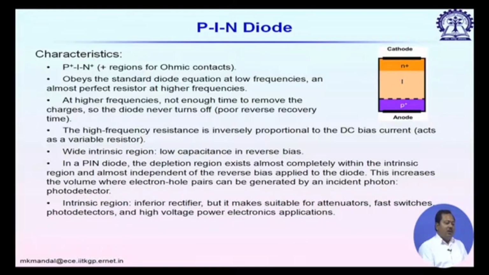So, at very high frequency we can use it as a resistor, and the resistance becomes a function of the biasing current. So, we can control the resistance by controlling the biasing current, or we can use the PIN diode as a variable resistor at higher frequency.